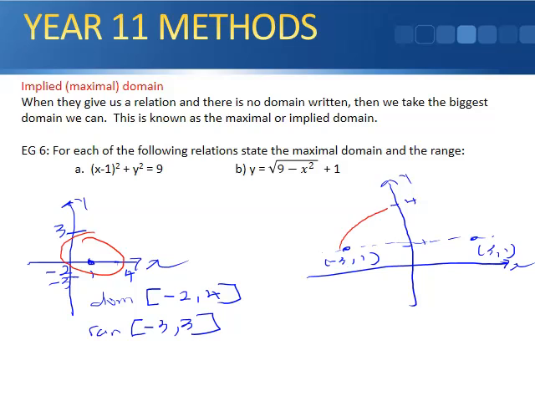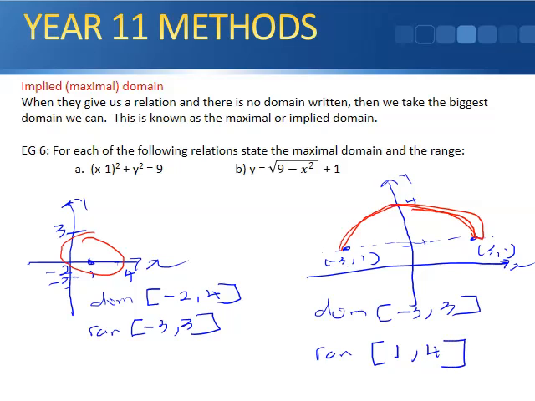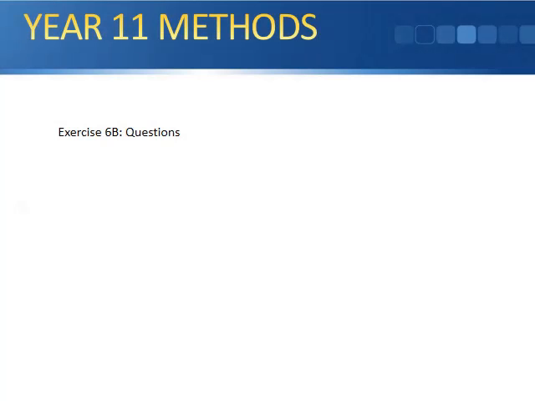So it's there. Whoops, bad drawing. It's supposed to stop there and go like that. The domain is from -3 to 3, the x values. The range, well, this time the lowest value for y is 1, and it is included, and the highest value of y is 4, and that is included as well. That's your 6B questions.